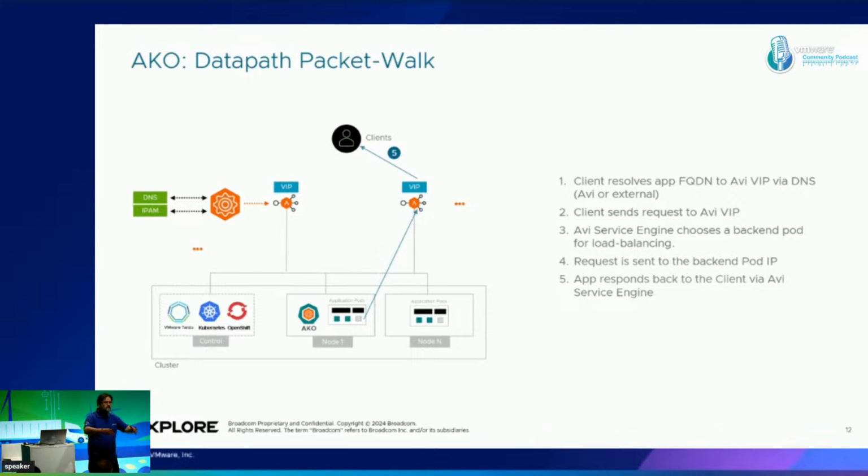But it is an easy way to consume for the developer teams. Why? You see, AVI has a lot of capacity, especially in visibility and observability. You have the dashboard inside AVI. It's amazing.